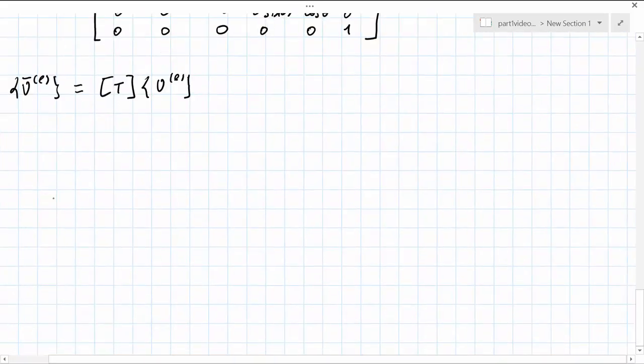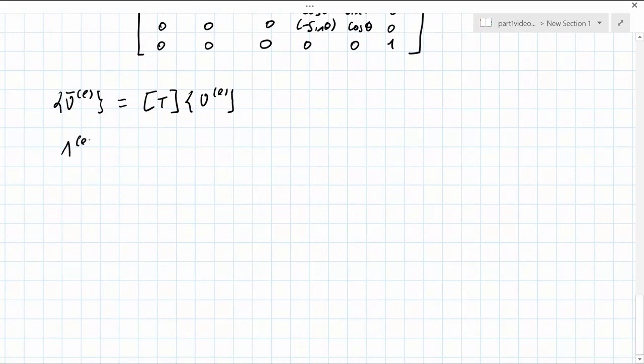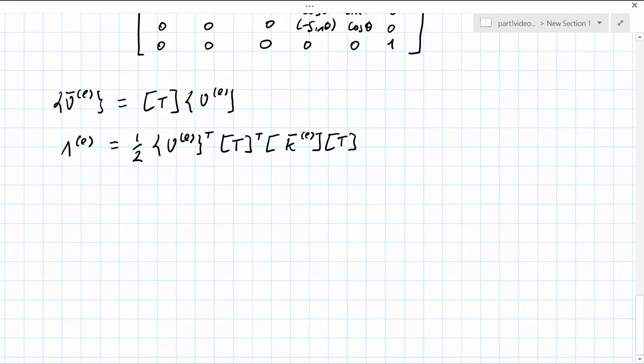So it is the case then that our element elastic strain energy is given by half times UE transpose, transformation matrix transposed, local element stiffness, times the transformation matrix, times UE, where T transpose K bar E T is our element stiffness matrix in global coordinates.